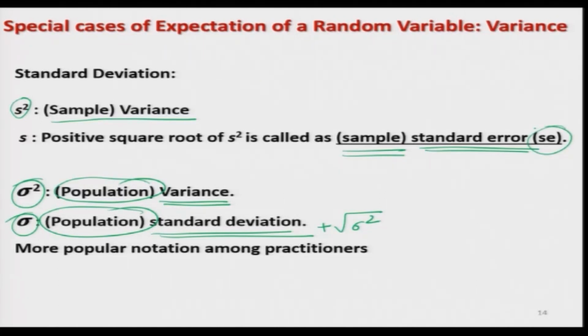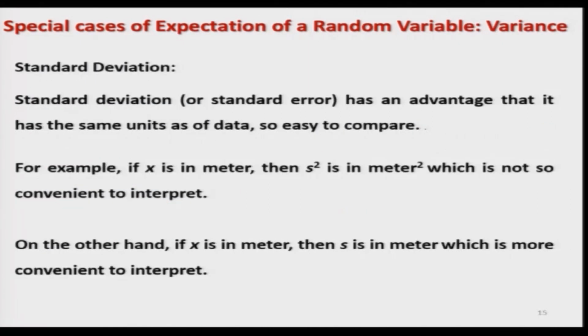In practice, you will see that people always try to specify the mean and standard error. One thing to keep in mind is that sigma square or standard deviation are quantities based on the population value, whereas sample variance or standard error are similar quantities, but they are based on the observations. So, you can always estimate them on the basis of the given set of data.